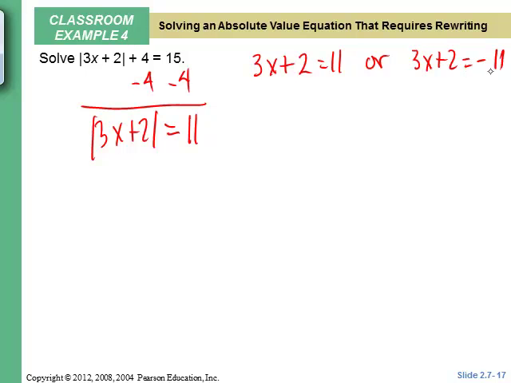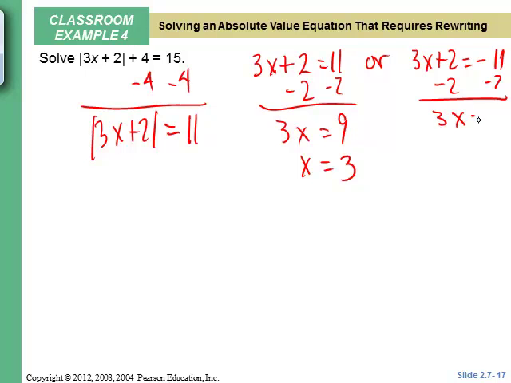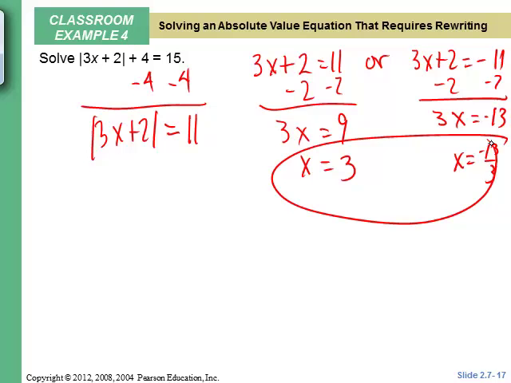Remember, you change it to negative, and now we're going to subtract 2 from each side, and we get 3x equals 9, so x equals 3. Subtract 2, 3x equals negative 13, x equals negative 13 thirds. So it's either 3 or negative 13 thirds.